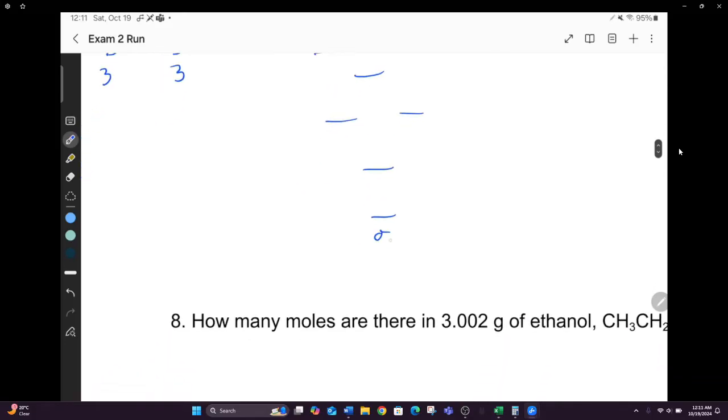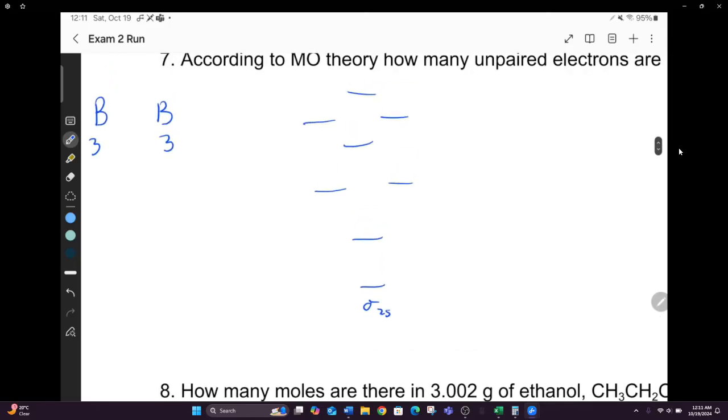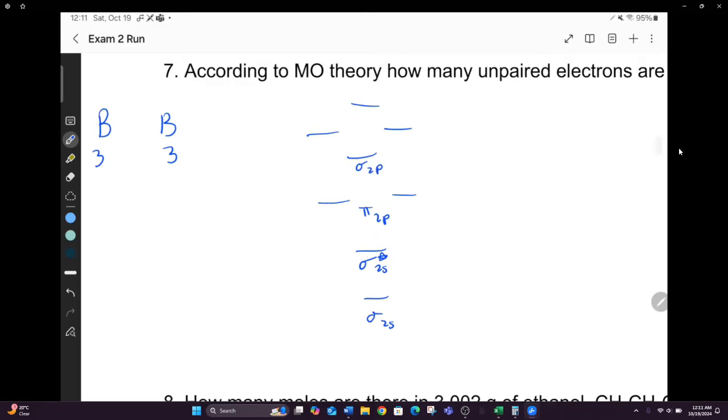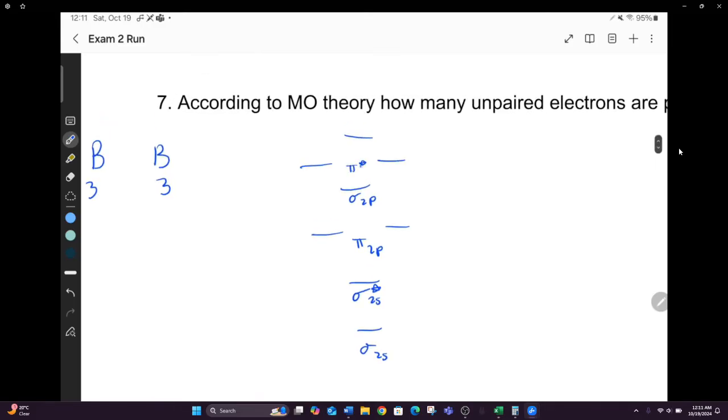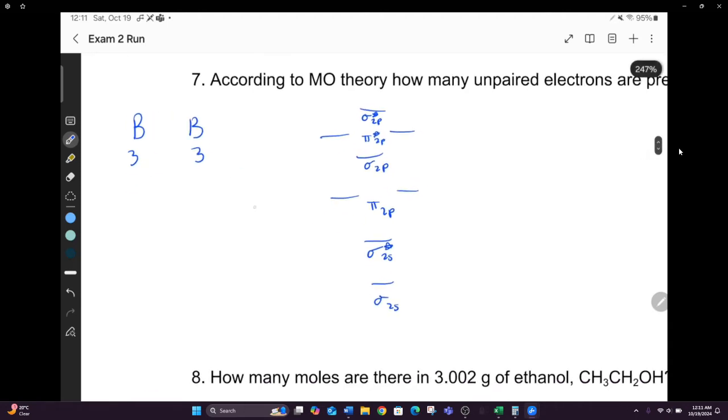So this is your sigma 2s. I would label it: your sigma star 2s, your pi 2p, your sigma 2p, your pi star 2p, and then your sigma star 2p. And as you know, one boron is going to contribute to one side, and the other boron to the other side.